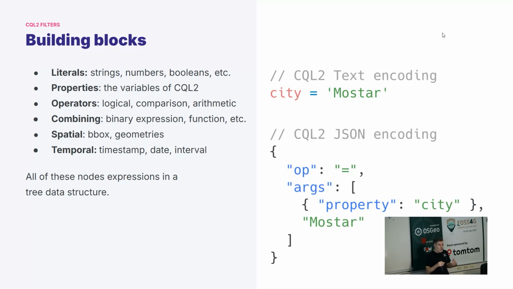And they are combined using binary expressions or functions. So "CT equals Mostar" is a binary expression. 1 plus 2 is a binary expression. Other than that, the language also supports spatial expressions and temporal ones, like time, timestamp, and date.